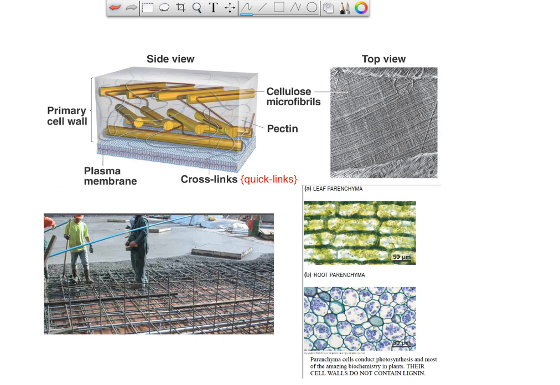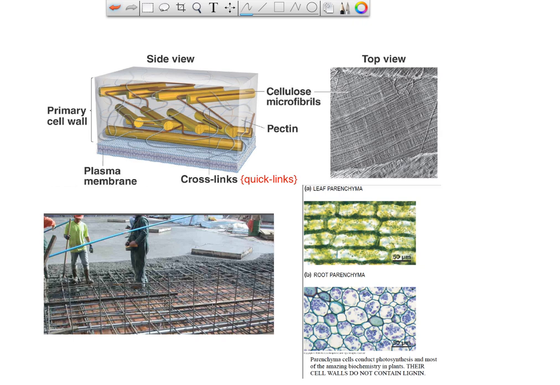Now, a primary cell wall doesn't have a concrete analog, but it does have these cellulose microfibrils that are analogous to rebar, because that's where the tensile strength comes from. That's what keeps concrete from falling apart. Concrete is great at resisting compressive force, but terrible at resisting pulling apart force. That's what the rebar is for. That's what the cellulose is for.